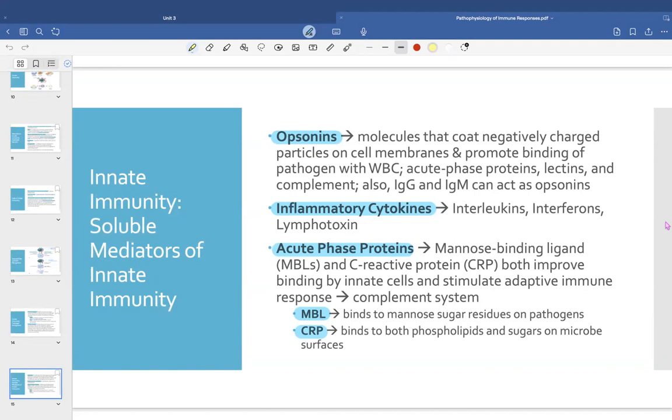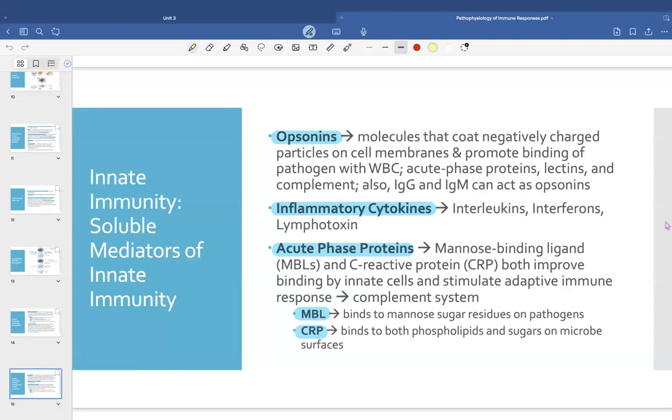So MBL stands for mannose binding lectin, mannose being one of those sugar molecules that are often found on the surface of your bacteria. It's a pretty complicated immune system.